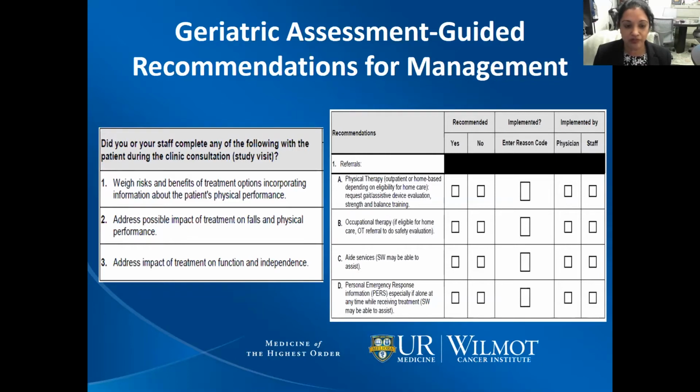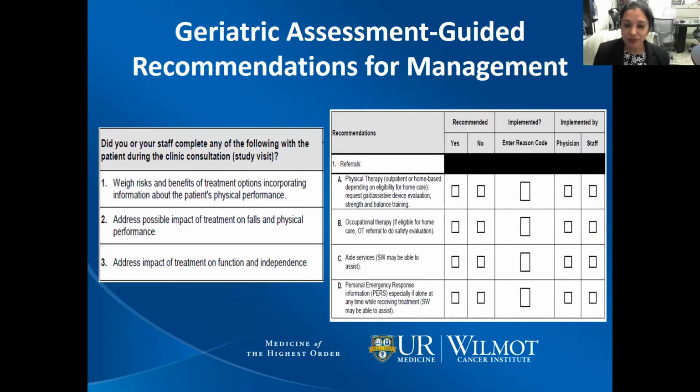So someone with physical performance deficits, think about the impact of treatment on falls and address the impact of treatment on function and independence. The management recommendations were derived both from the expert consensus panel that I discussed earlier and from guidelines like the American Geriatric Society guidelines, and utilized common geriatric management recommendations.